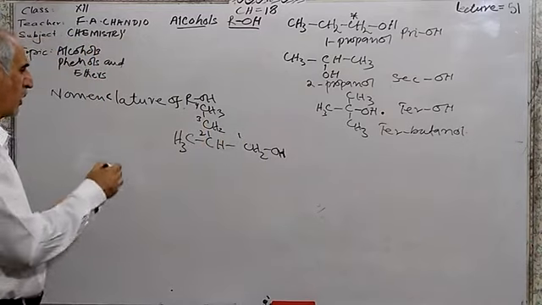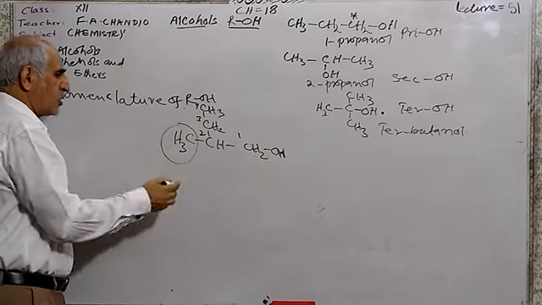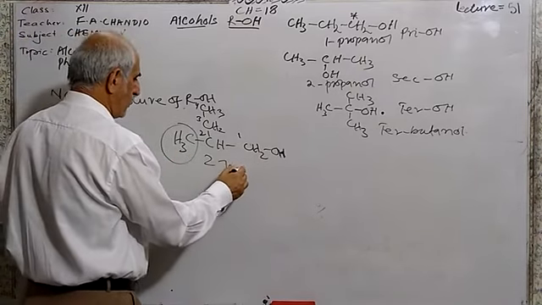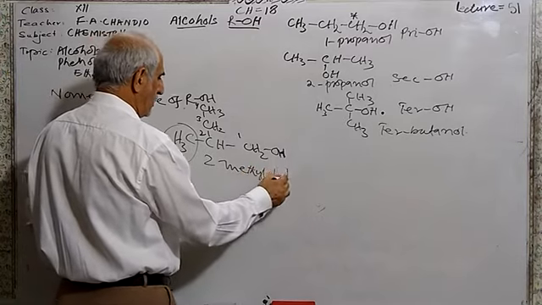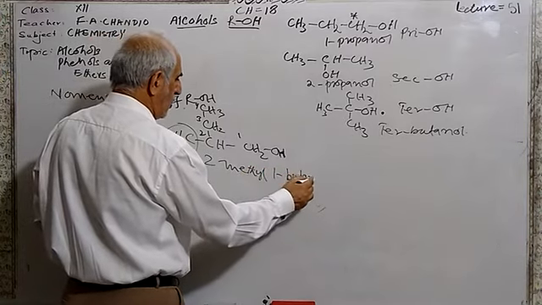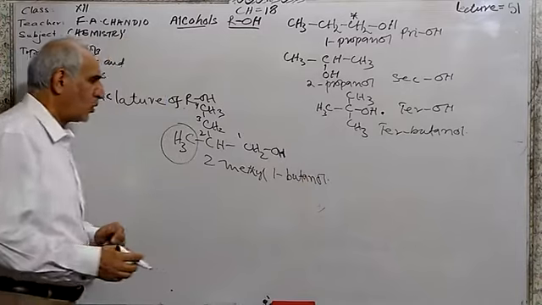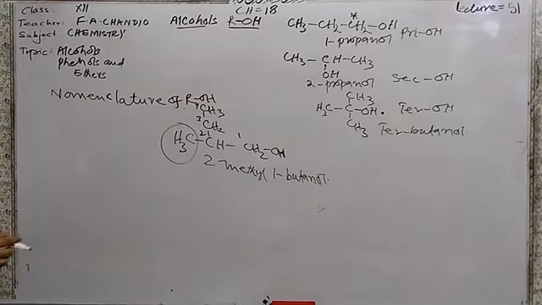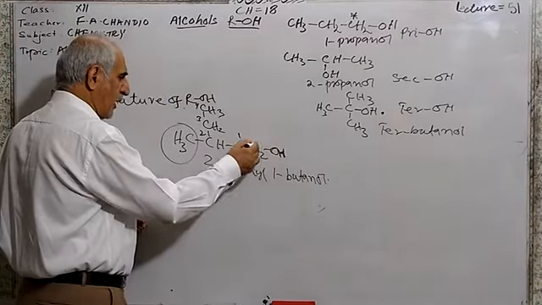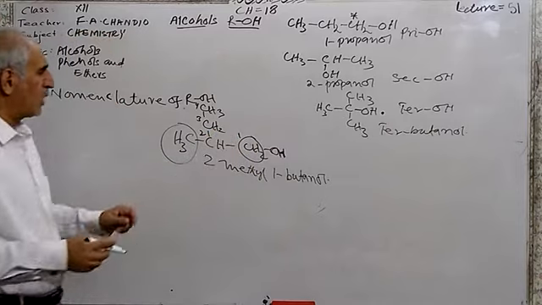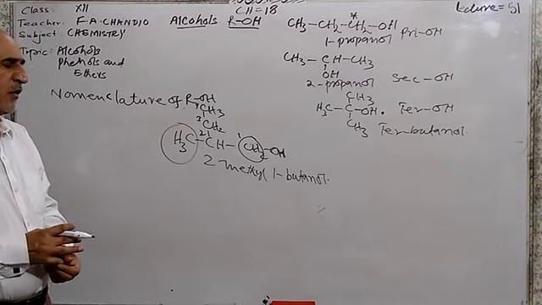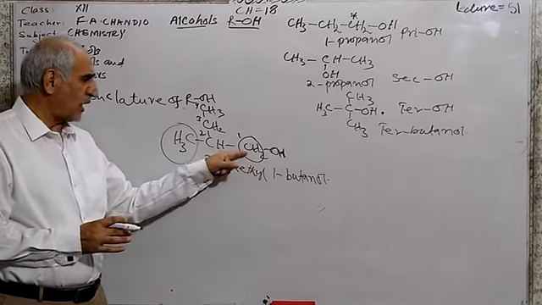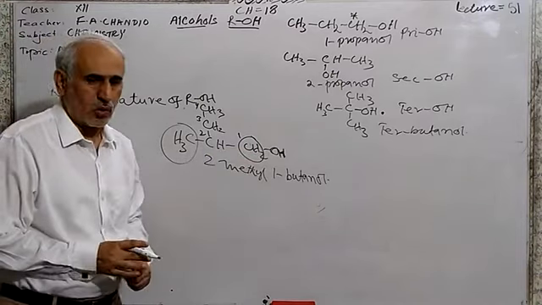Longest chain is 4, and this is a branch here. So this is 2-methyl-1-butanol. 2-methyl-1-butanol. So this OH group is attached with CH2. This is a primary alcohol. There is a secondary carbon, but this carbon is not directly attached with the functional group. So this CH2 attached OH is a primary alcohol.